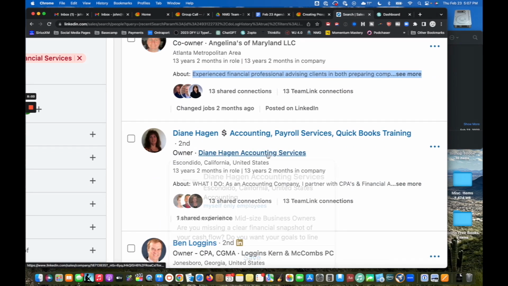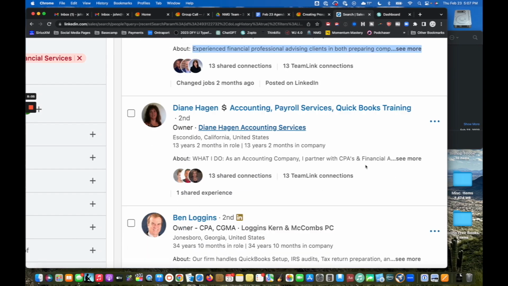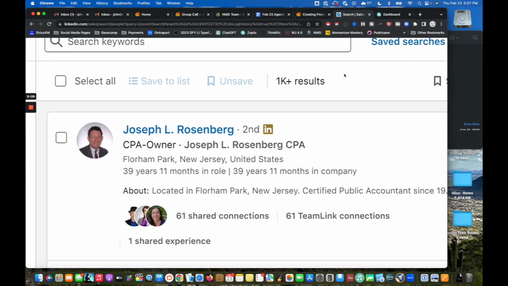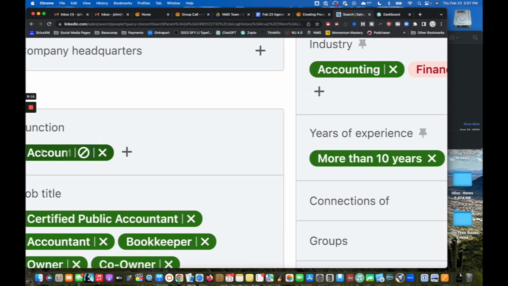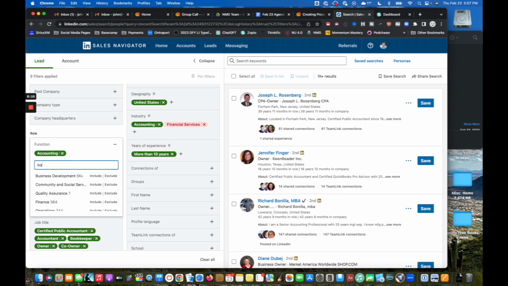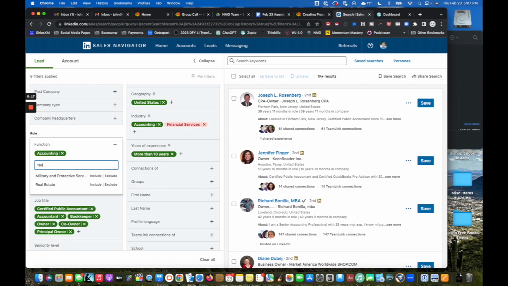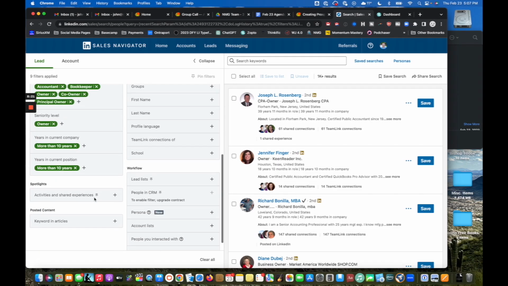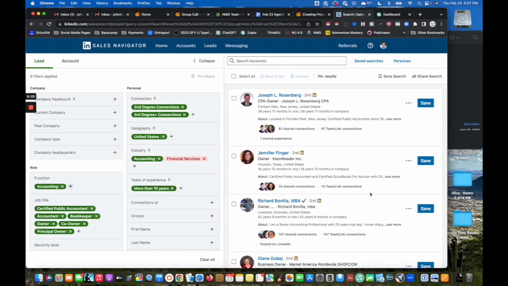Owner, accounting services, which is pitch perfect, right? So you kind of want to look through and see. And again, this shrunk the lead list to around 1,000, which is good. Let's look under function to see if there's any other good kind of bookkeeping. Let's look at tax. Nope. I'm trying to think if there's anything else here I want to play around with. Hang on.